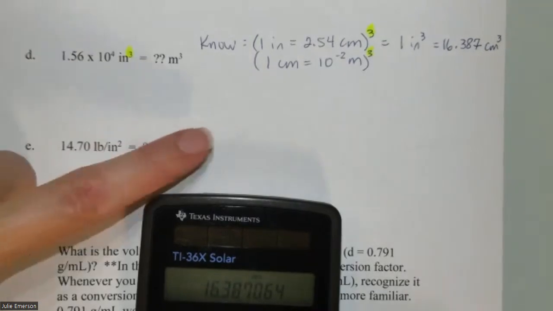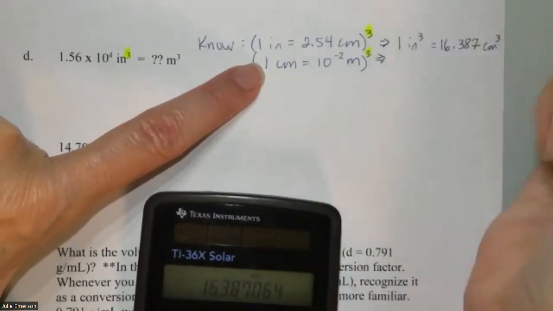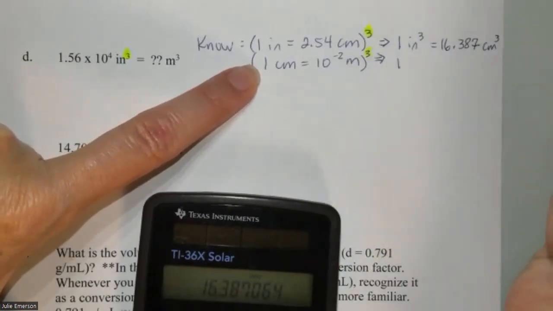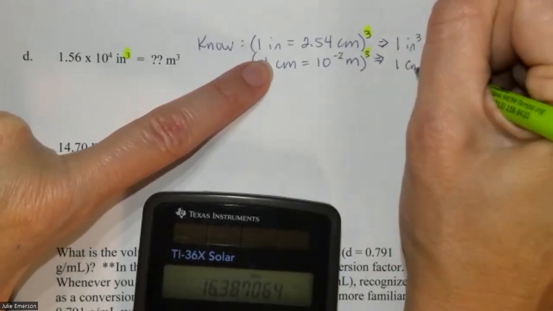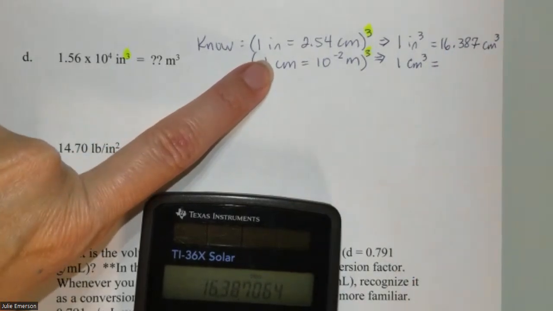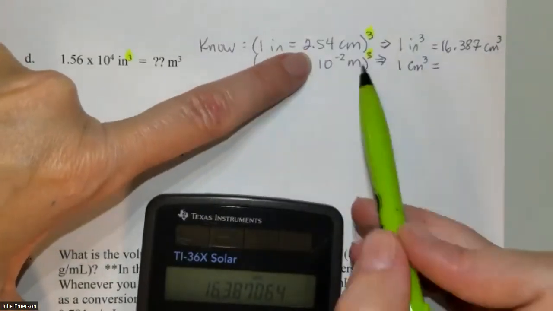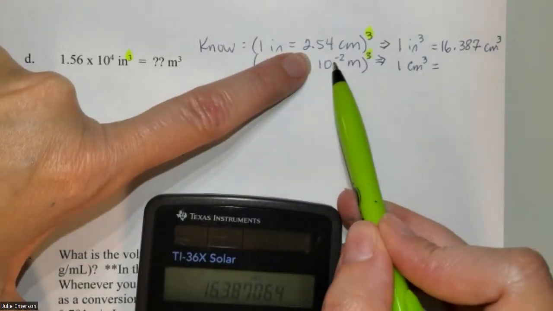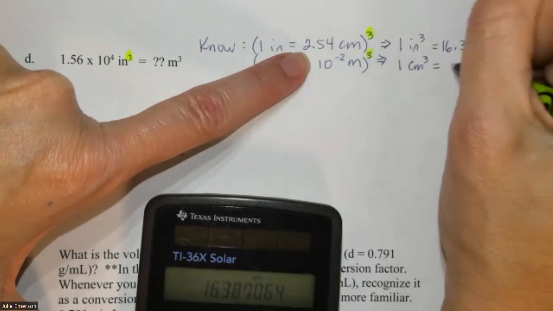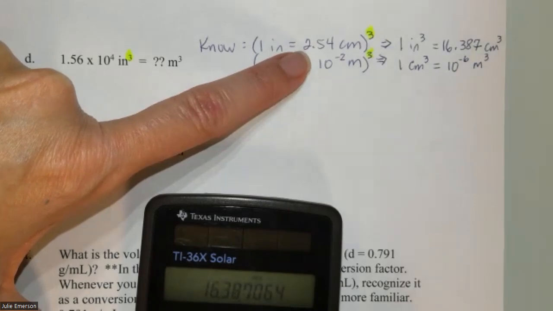All right, then the next conversion, 1 cubed stays 1, centimeters cubed. So 1 cubic centimeter is equal to 10 to the negative 2 raised to the third power, which means you multiply your exponents. So that's 10 to the negative 6, and then meters cubed.